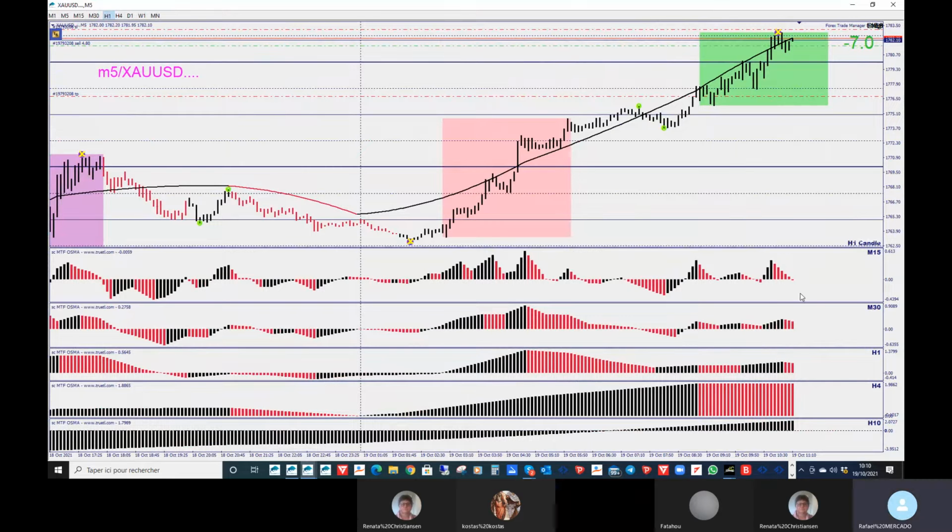Dollar is in sync in the 5 minute. Now you see the 4 hour is still switching from blue to red, red to blue. So maybe I have to get out from this trade.